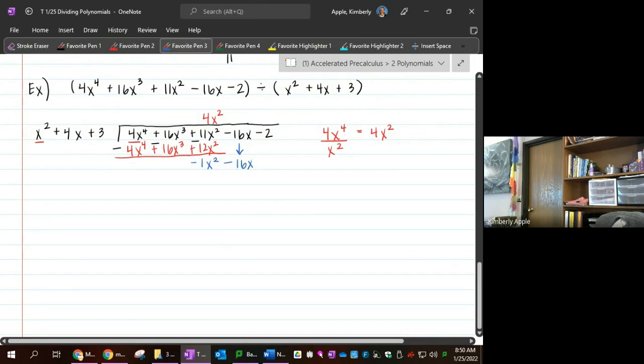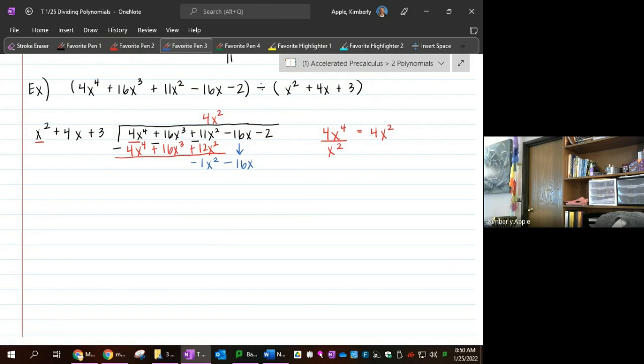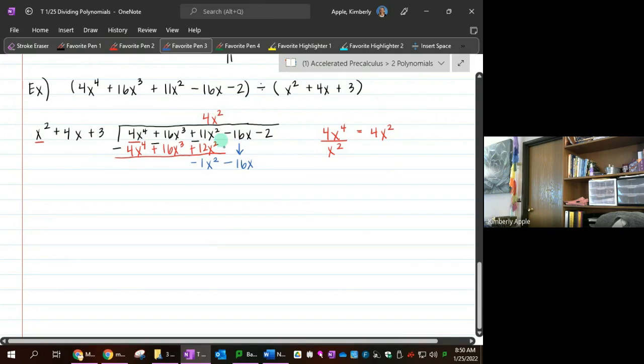So notice the process itself is not changing if we know what we're doing and why we're doing it. Next thing, I just brought that down, so I'm going to multiply everything again. So this is 4x squared. Oh, what? Hold on, lost.